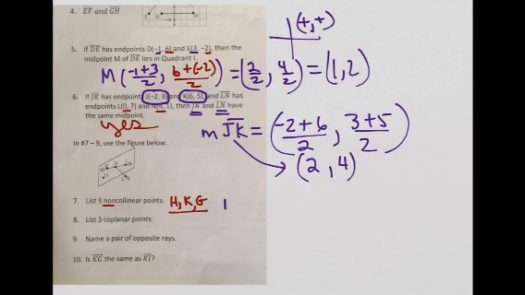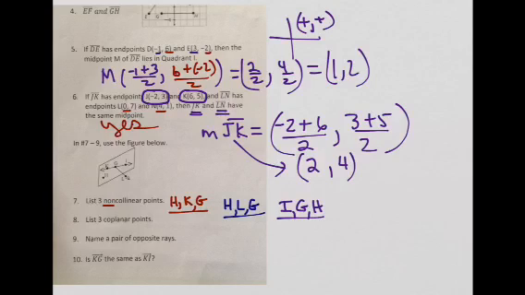Or H, L, G. Those are not collinear. Or I, G, H. Those are not collinear. And there's a couple more, but those are just some examples.